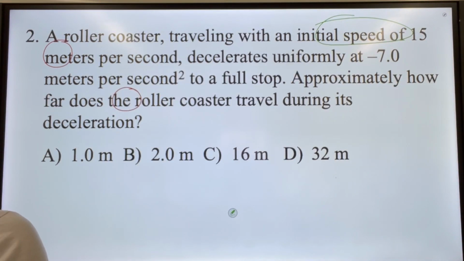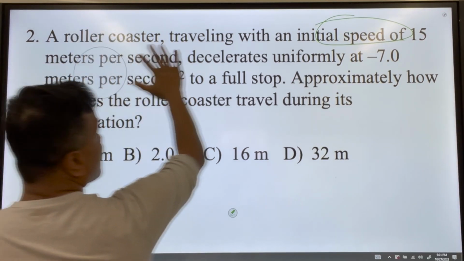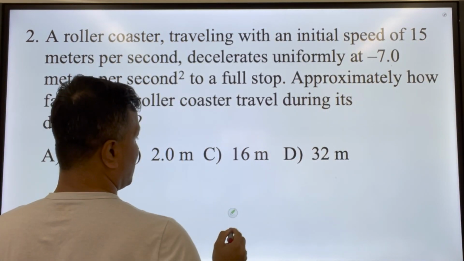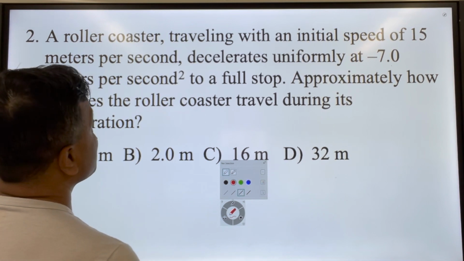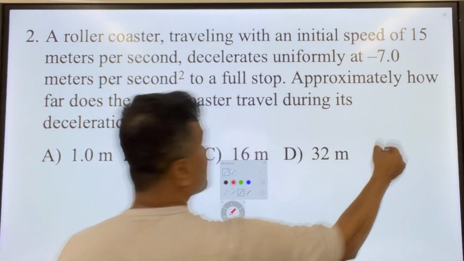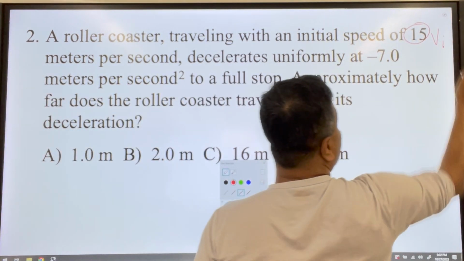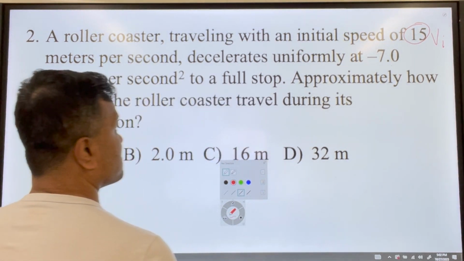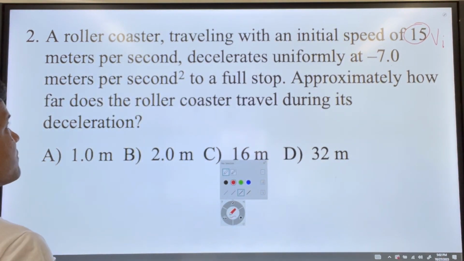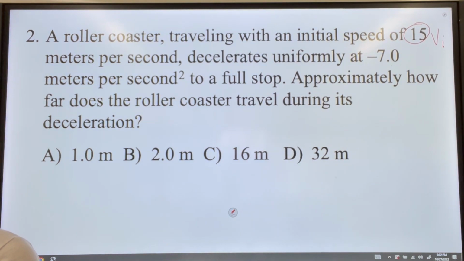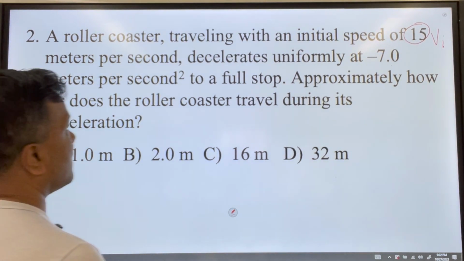Problem 2 is a roller coaster traveling with an initial speed of... so for initial speed, always put the variable next to the quantity, meters per second.